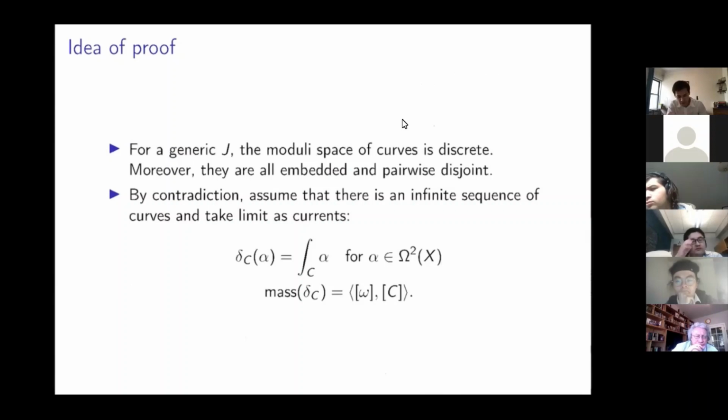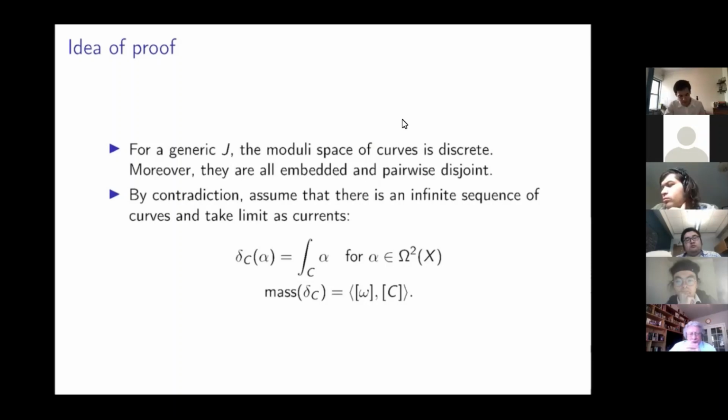When I write moduli space of curves, I don't mean the compactified moduli space. I just mean the actual maps from smooth Riemann surfaces. And because we're in dimension 6, and these are maps from 2-manifolds, we can also arrange that all of these pseudo-holomorphic maps will be embeddings with pairwise disjoint images. So any two different pseudo-holomorphic maps will have disjoint images.